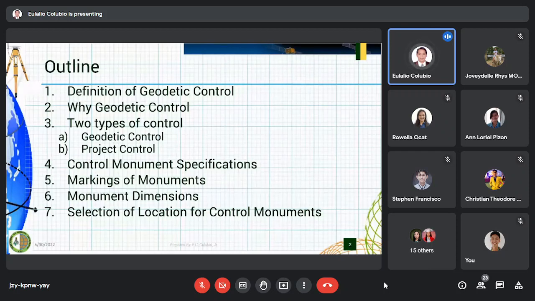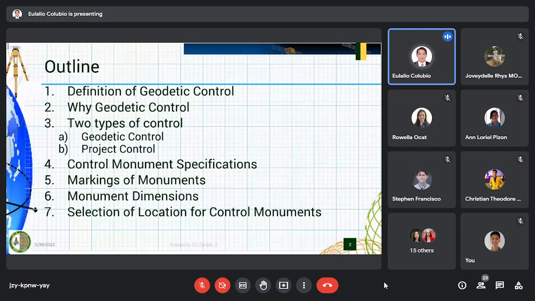It is important for proper identification, so that we know the corresponding number and the corresponding data, especially the coordinates. If the data or coordinates of that station is wrong, then probably you're going to have a wrong result. That's why naming is important.